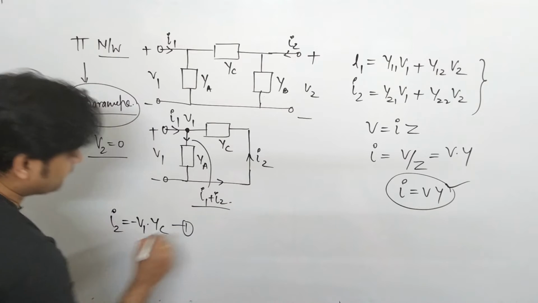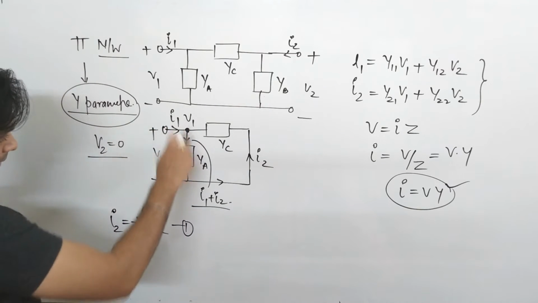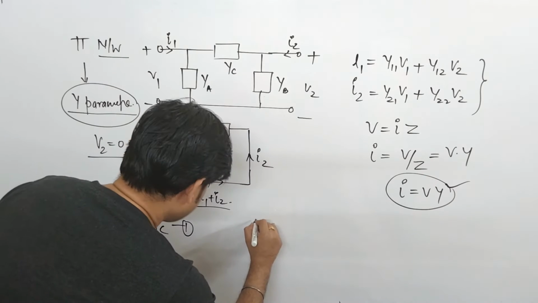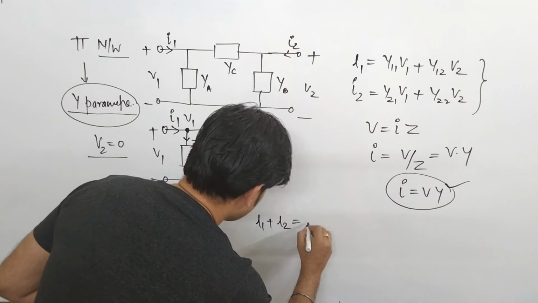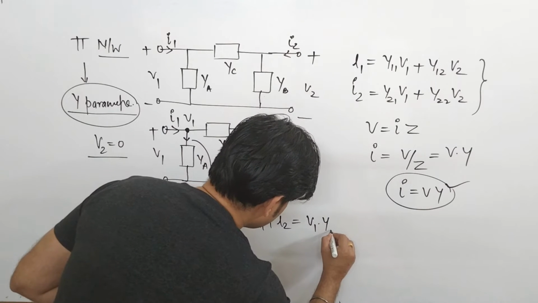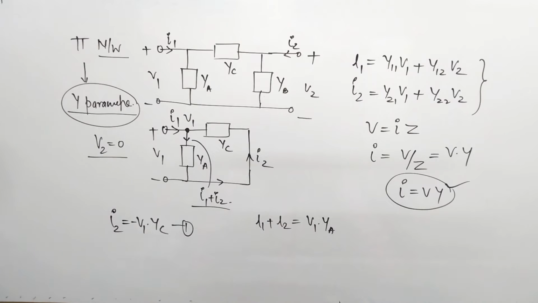This is your first equation, a very important equation. Similarly, when you stand here, what is the value of I1 plus I2? That comes to be V1 into YA.